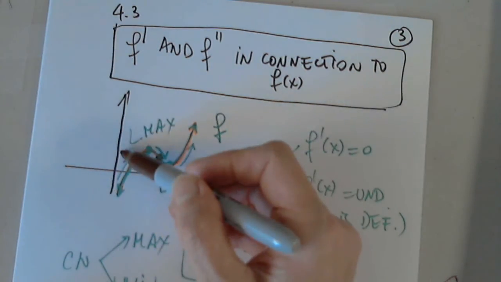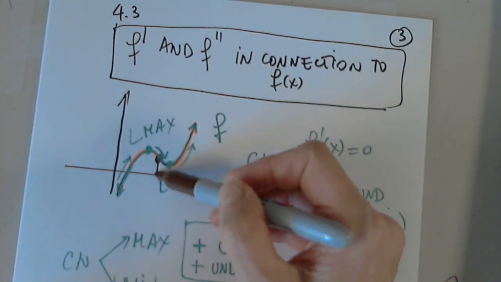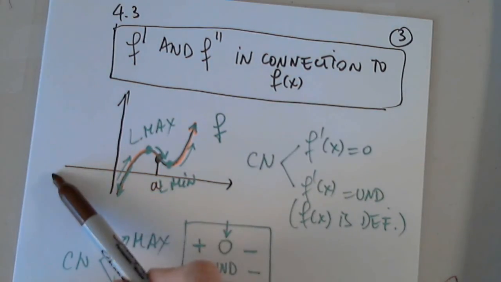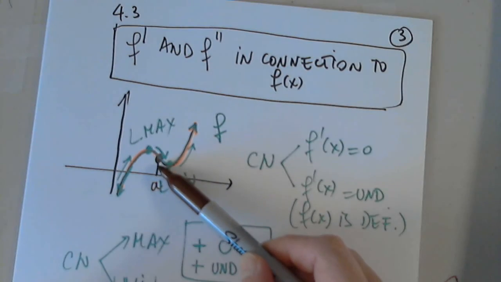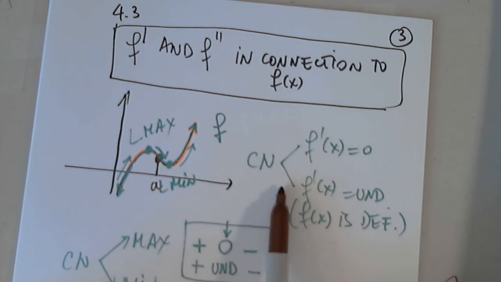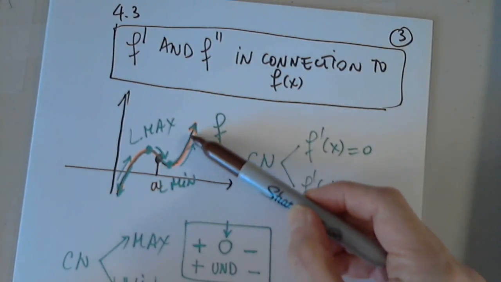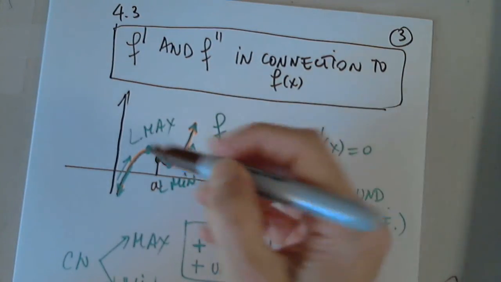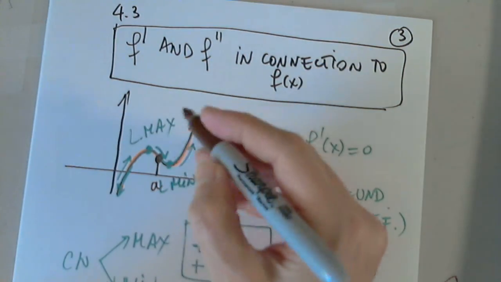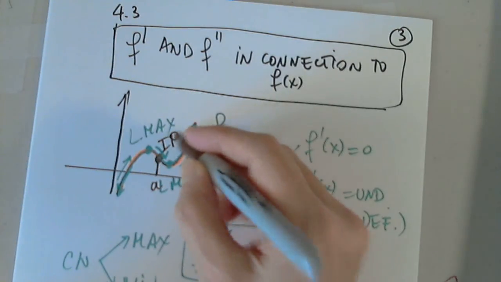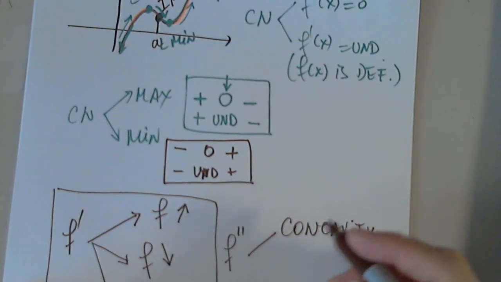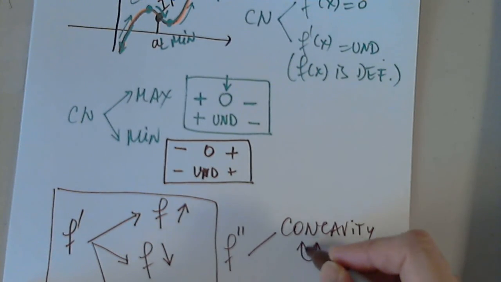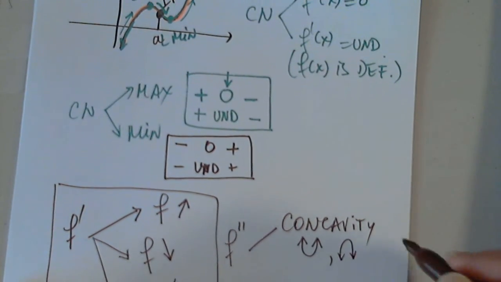Between negative infinity and this point, I'm going to call it A, the function is concave down. And between A and infinity, the function is concave up. This point right here is called an IP, which is an inflection point. So concavity means opening upward or opening downward.